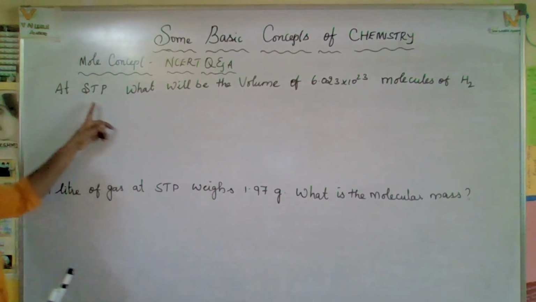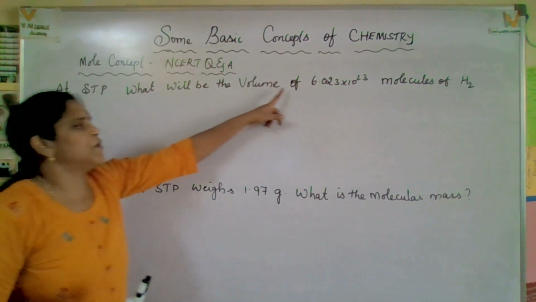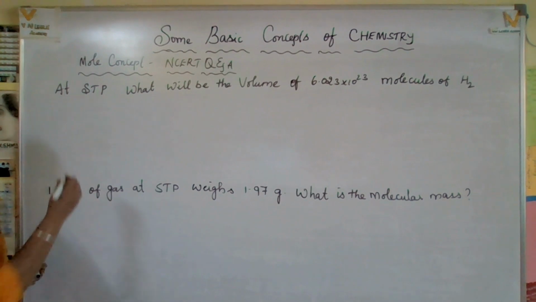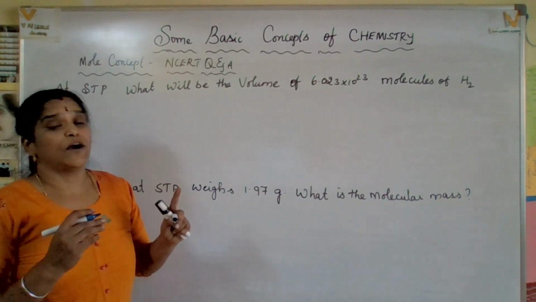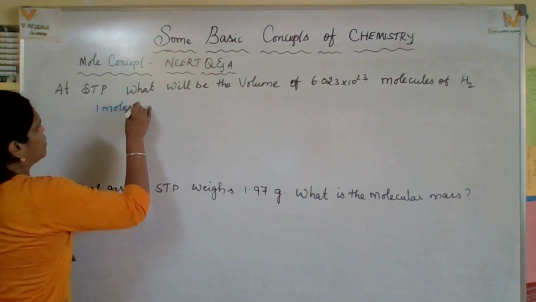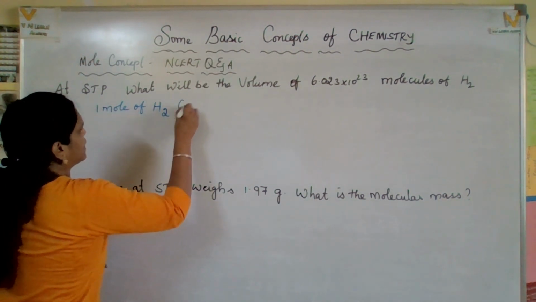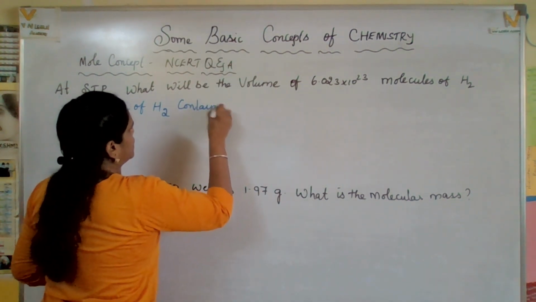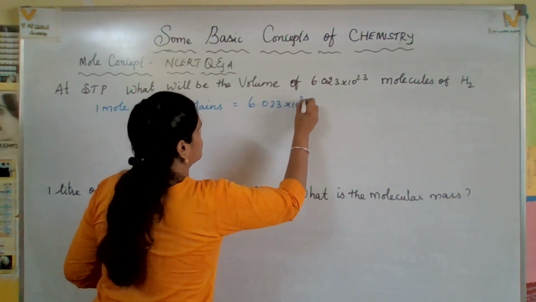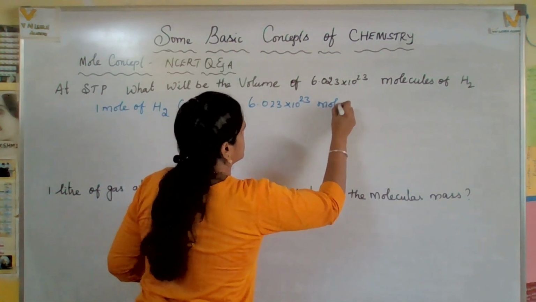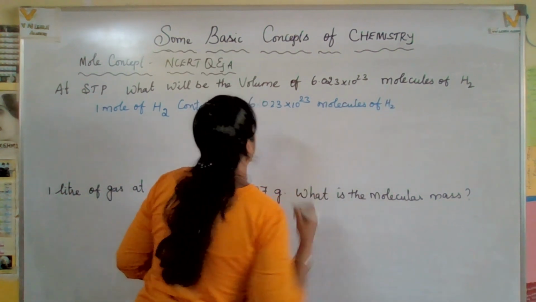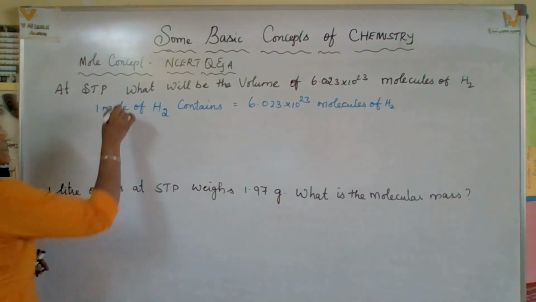The next question. At STP, what will be the volume of 6.023 into 10 to the power of 23 molecules of hydrogen? See, generally, 1 mole of hydrogen contains 6.023 into 10 to the power of 23 molecules of hydrogen. Now, here they mention STP.